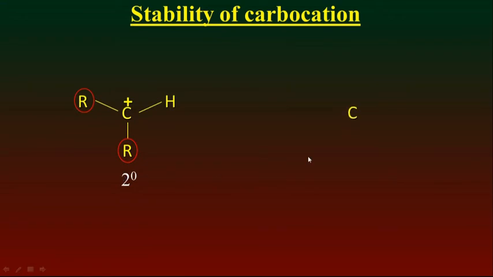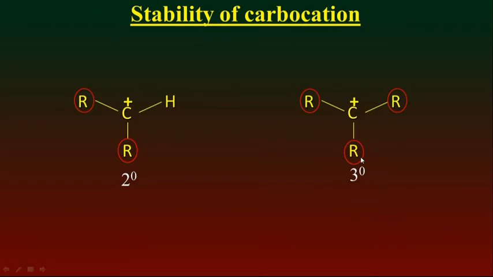And in the next one, 3 alkyl radicals are bonded with the positive carbon atom, so this is called 3 degree carbocation. Similarly, in 3 degree carbocation, the 3 alkyl groups donate electrons more and more to the positive carbon atom, so this positive carbon atom can easily be neutralized by these 3 alkyl groups.